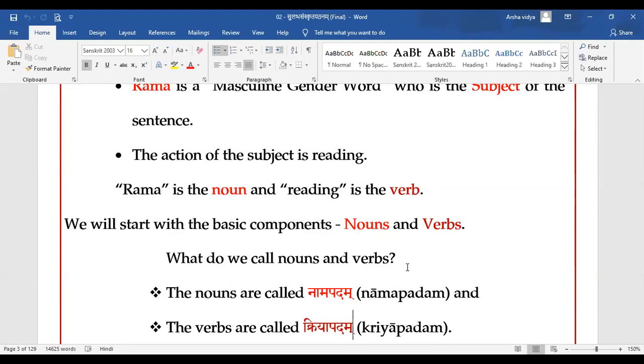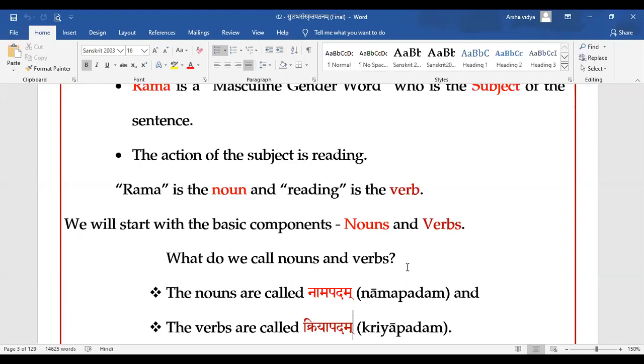Okay. And this noun form, Namapadam, is derived from the noun base. So noun base is there and noun form is there.